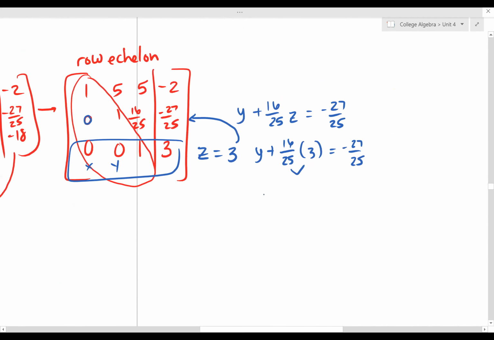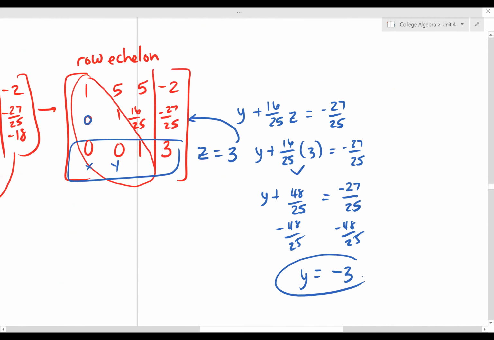So then multiply. 16 times 3 is 48. So we have 48/25. Y plus 48/25 equals -27/25. And then we're going to subtract 48/25 over. And so that gives us a whole number, -3, when we do that subtraction. So I've got two solutions.